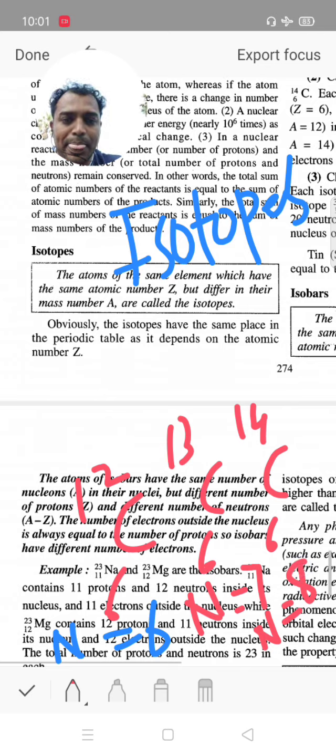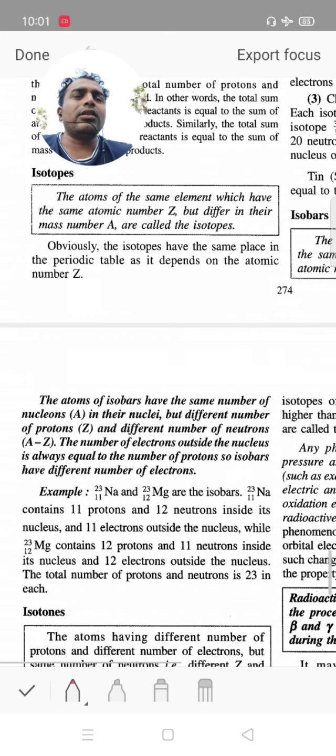Now next, isobar. Isobars are atoms that have different atomic number but the same mass number. Different atomic number means different elements are present, but their mass number is the same. If the atomic numbers are different, then their chemical and physical properties are also different.